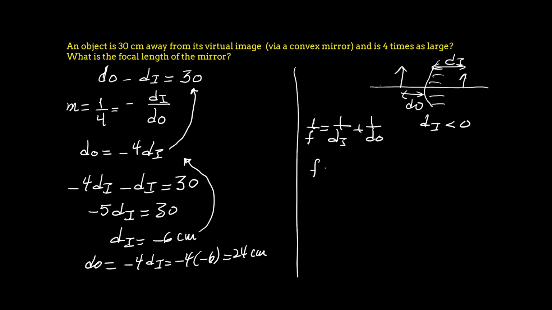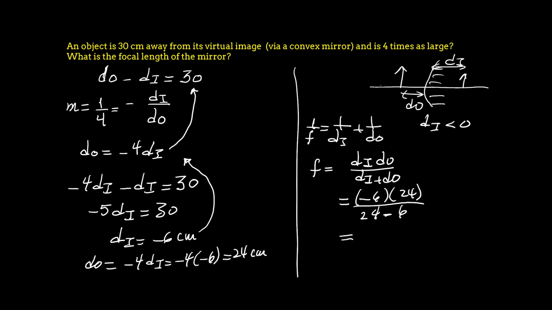And with algebra, we get to this. DI, negative 6. DO, 24. DI plus DO. So it's 24 minus 6.